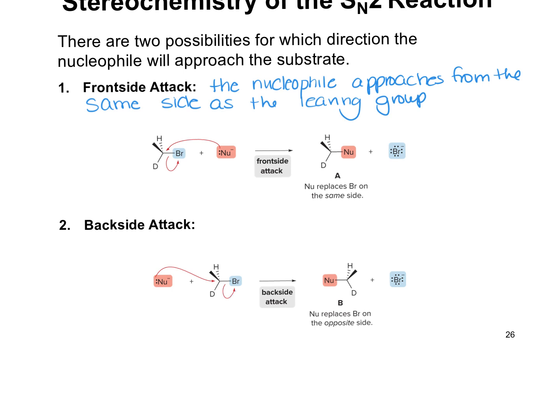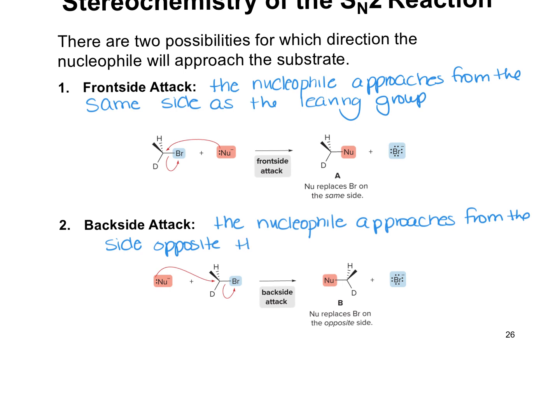Now, a backside attack is where the nucleophile approaches from the side opposite the leaving group. I'm going to say it that way so that I'm not using the same word in the definition.